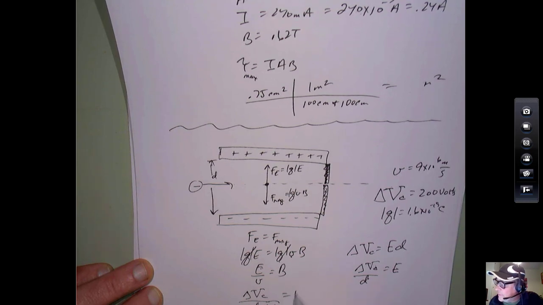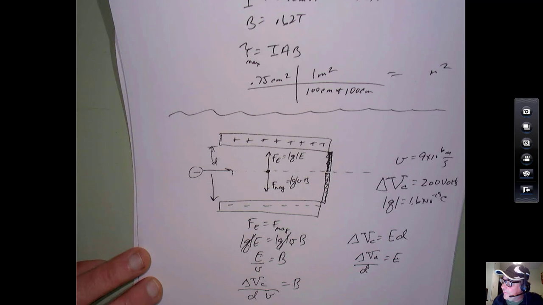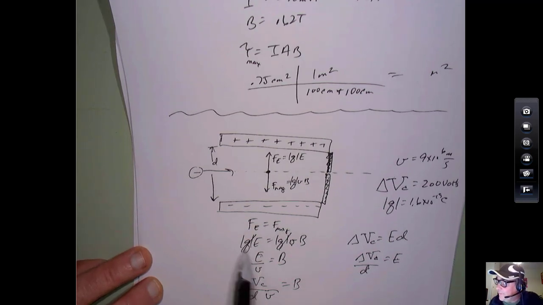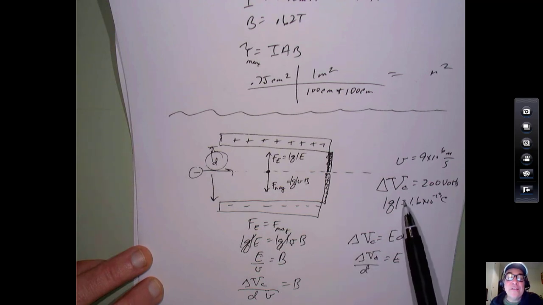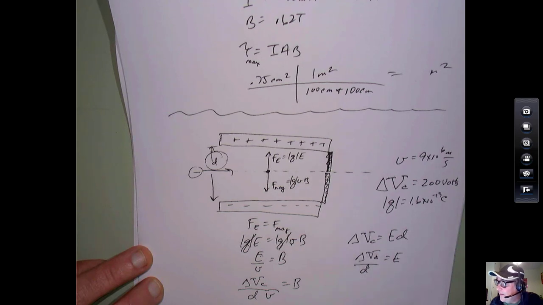Okay, so that would give you the magnetic field strength. Make sure that this plate separation is in meters. The velocity is already given in meters per second. It was an electron. There's the magnitude of the charge, but we don't actually need it because the charge cancels out in this problem. Okay, good. So that's how you should be able to get B.